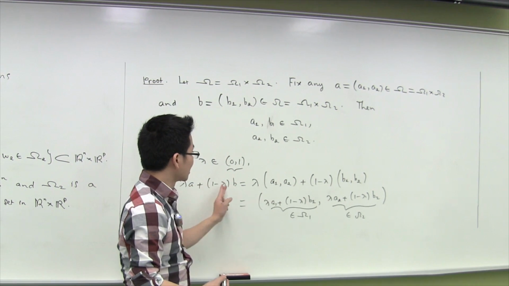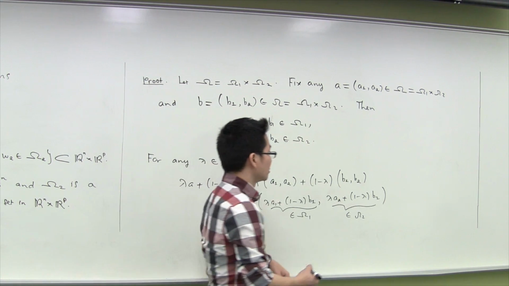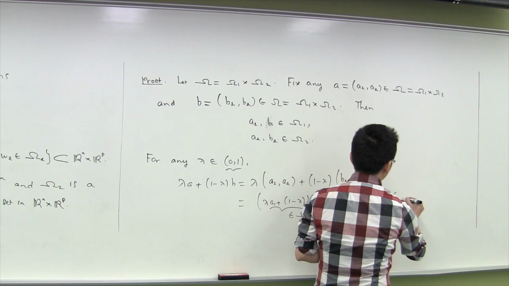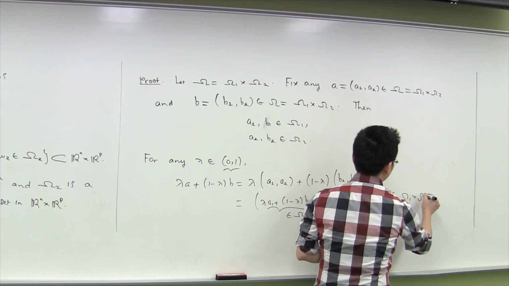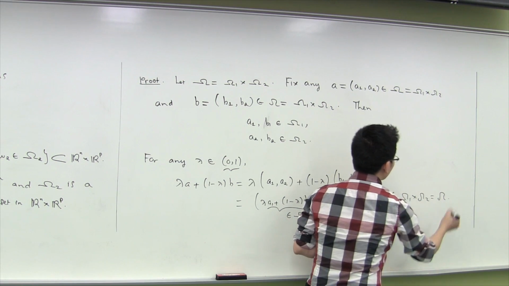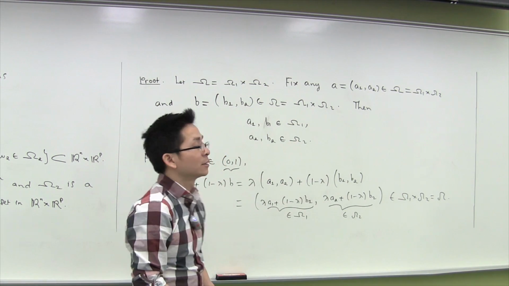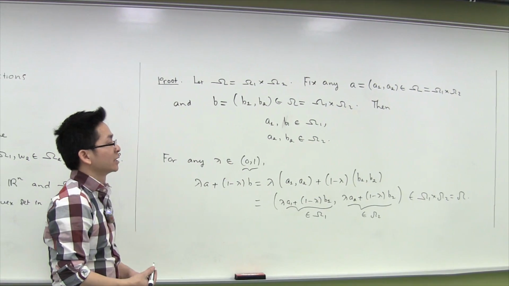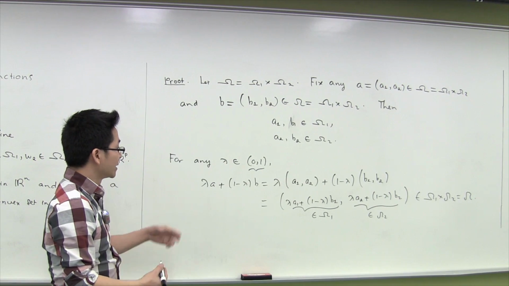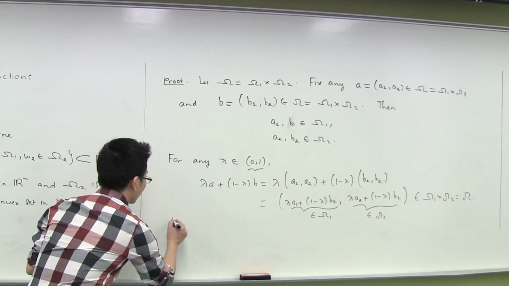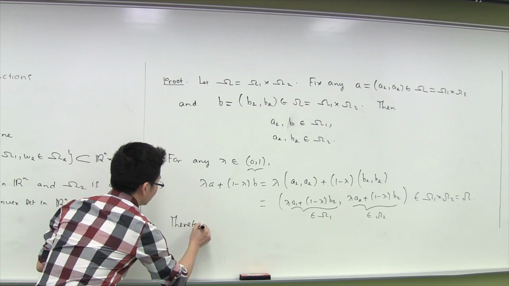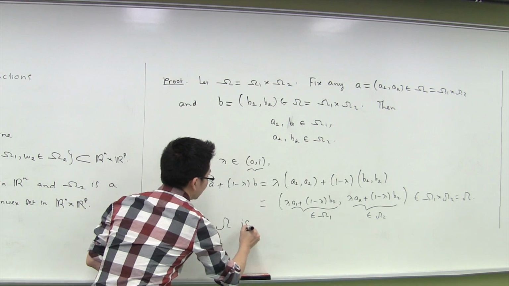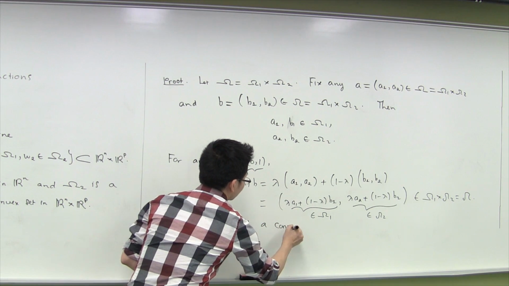Therefore, lambda A plus (1 minus lambda) B belongs to the Cartesian product of omega 1 and omega 2, which is omega. So, from the definition of convexity for a set, omega is a convex set.